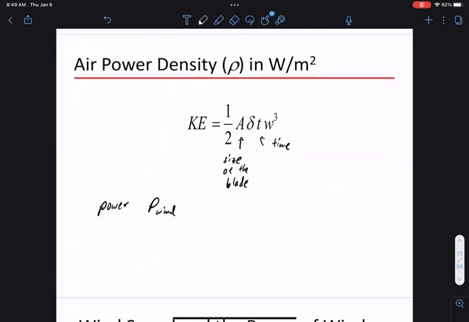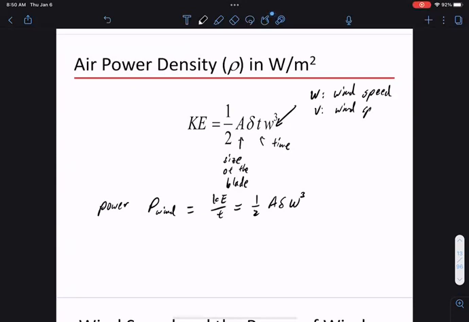Let me write this and I'll explain a notation difference. If you look at this variable, this is W. This is often also used for wind speed. We also often use V for wind speed, and these are used interchangeably in a lot of contexts. If you look at the reference book, these are used interchangeably. So unfortunately, in a lot of equations you see either W or V being used.